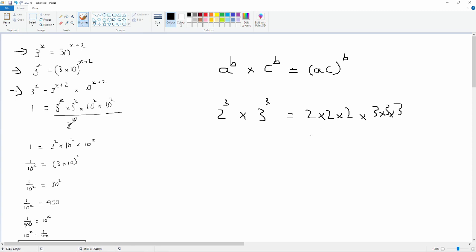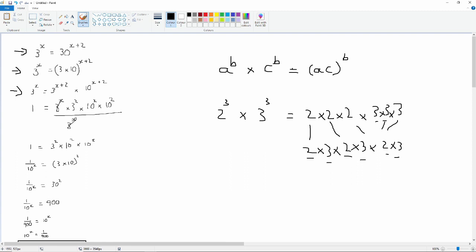Now, watch this. We take this 2 and we multiply it by this 3. And then we take this 2 and we multiply it by this 3. And we take this 2 and we multiply it by this 3. And then we multiply these together. So we've still got 3 2's and we've still got 3 3's.